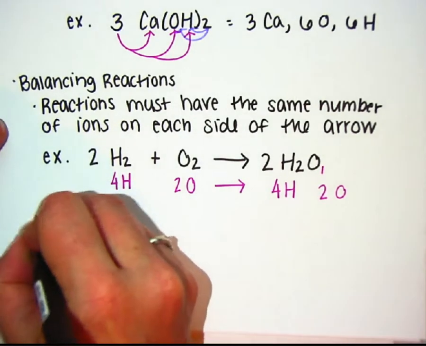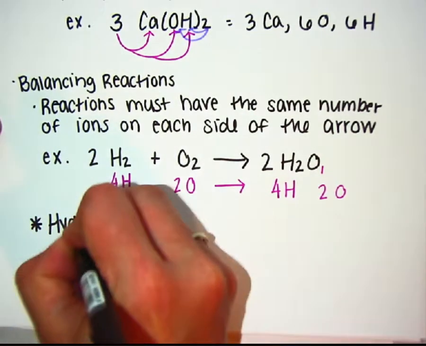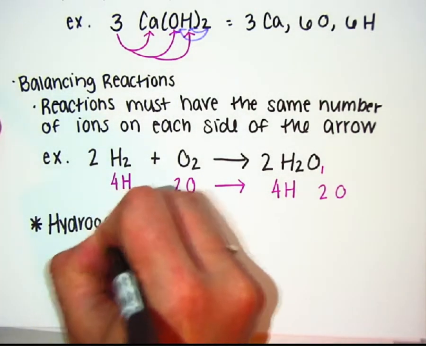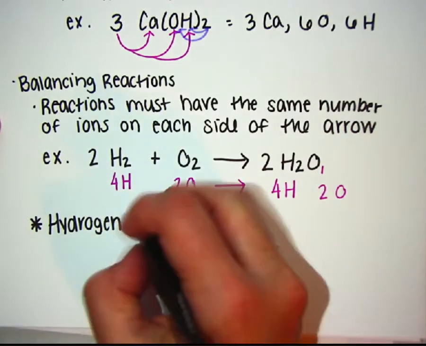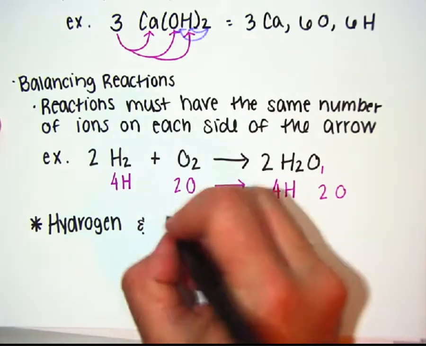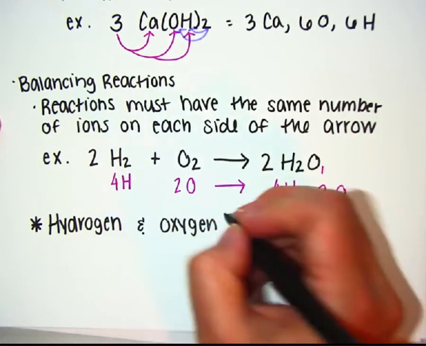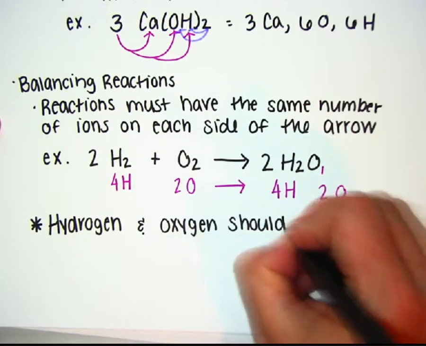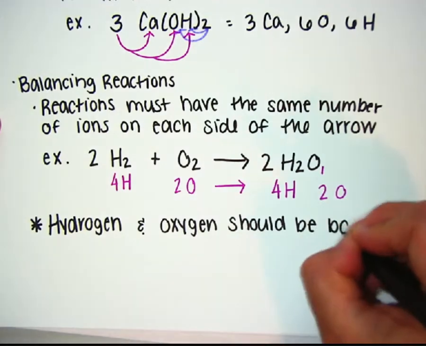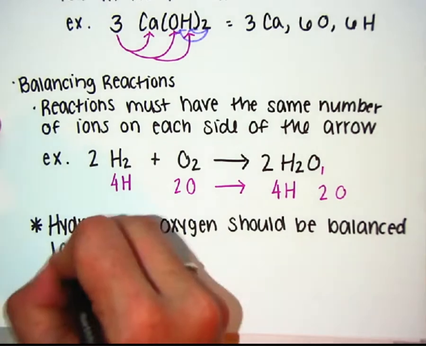2 tips for balancing. It wouldn't really work with that first example because it only had hydrogen and oxygen, but typically you want to balance hydrogen and oxygen last. And I'll show you an example of why in just a minute. Hydrogen and oxygen should be balanced last.